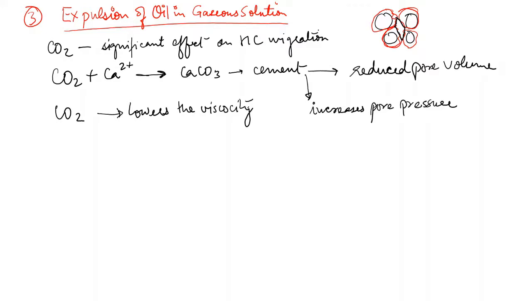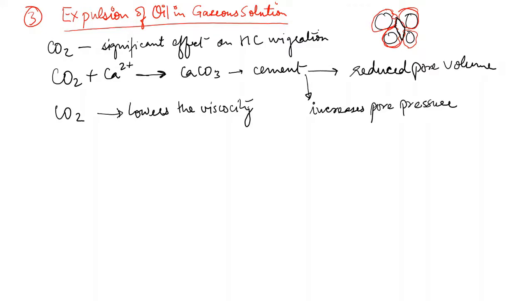So the carbon dioxide in the solution lowers the viscosity of oil and increases the mobility, as I was just saying, it increases the movement. The presence of carbon dioxide also leads to the precipitation of the heavy ends of oil. The heavier components, like asphalt and grease, get precipitated, and the residual oil becomes lighter in nature.